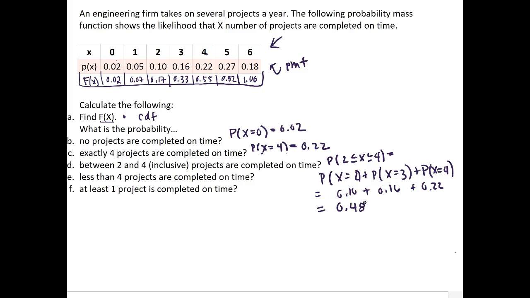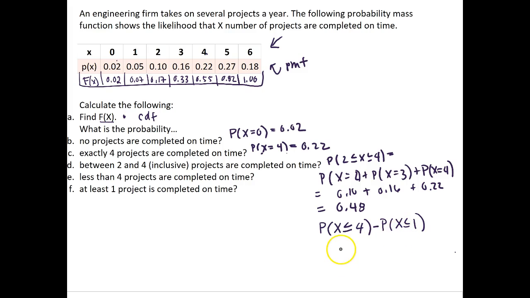Now this is one way that we can find the probability. Another way is using the CDF. This probability is exactly equal to the probability of x being less than or equal to 4 minus the probability that x is less than or equal to 1. And so that is the same as it being equal to 2, 3, or 4.